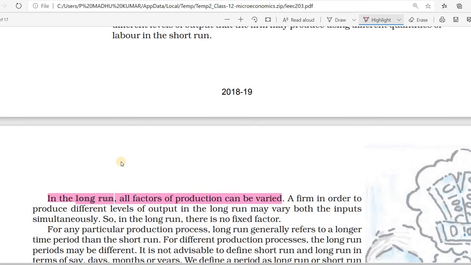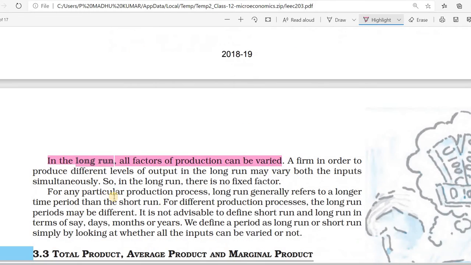There is no fixed factor in the long run. This is the speciality of the long run. Only variable factors.